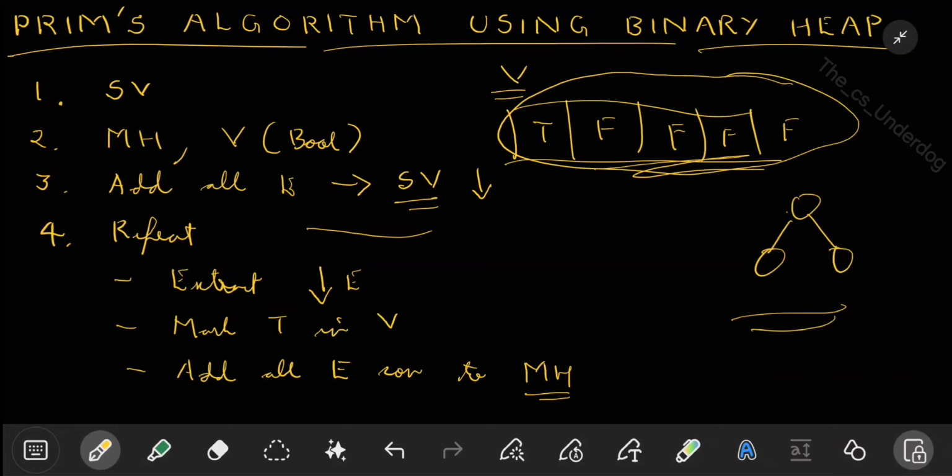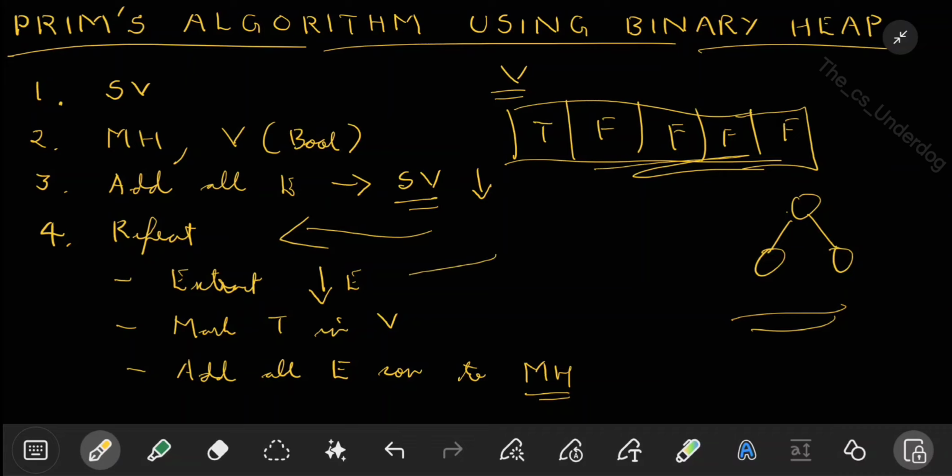Then you should repeat these steps till the point your MST is complete. That is, till the point you have v-1 edges in your MST, or another way of understanding it is till the point you have all entries as true in your visited array, whatever be the situation. So what are the steps to be repeated iteratively? You have to extract the smallest edge from this min heap.